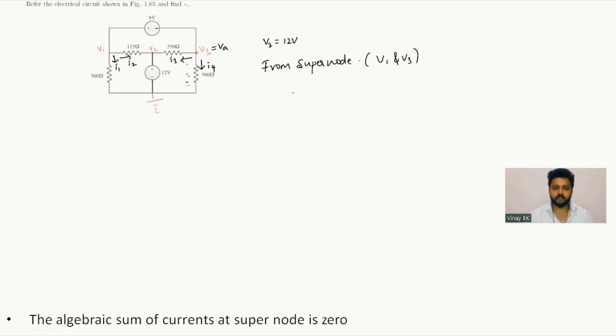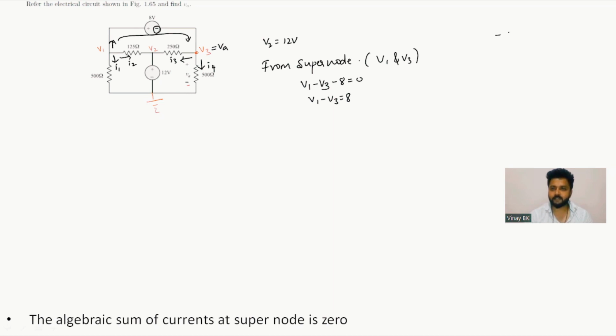From this we need to write V1 minus, supposing you're assuming a current flowing from here like this, that unknown current, V1 tail end voltage minus arrow end voltage, then you are tracing from V1 to V3, so while tracing, the second polarity is negative, minus 8 equals 0. So you can write V1 minus V3 equals 8.